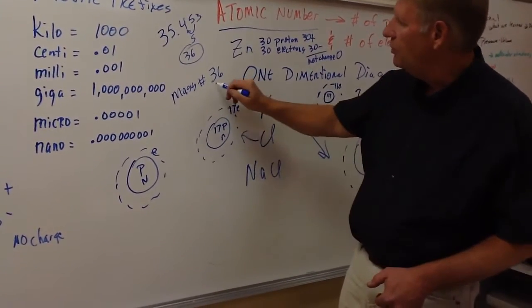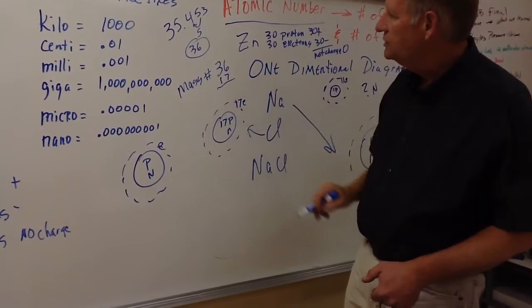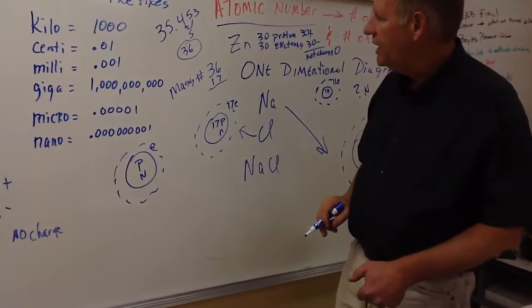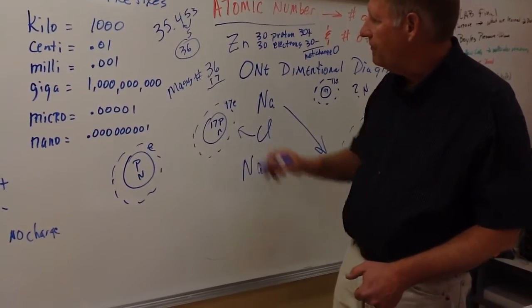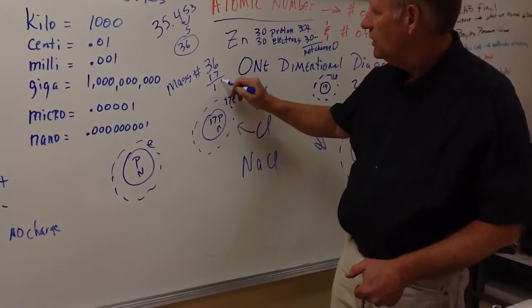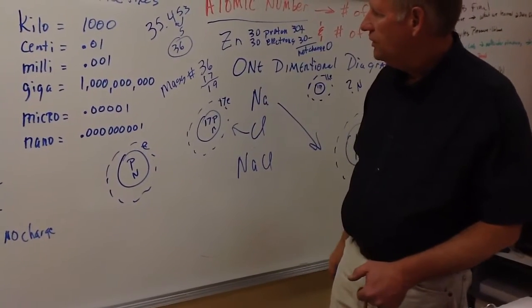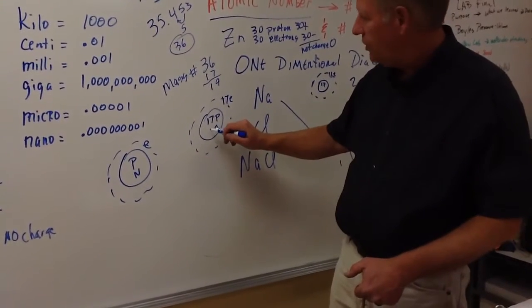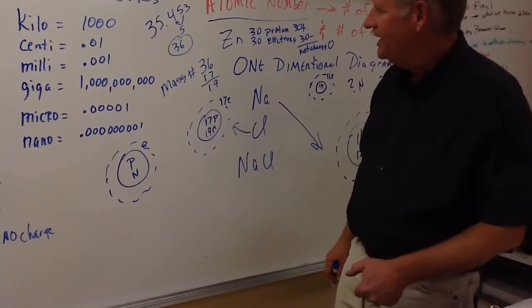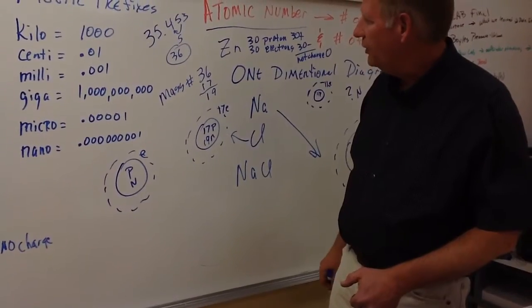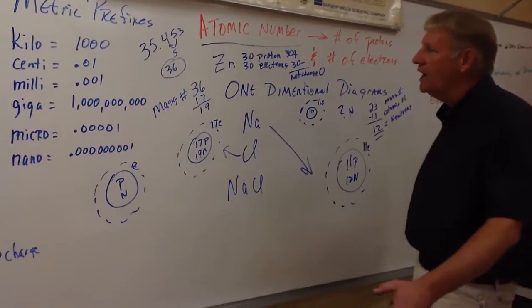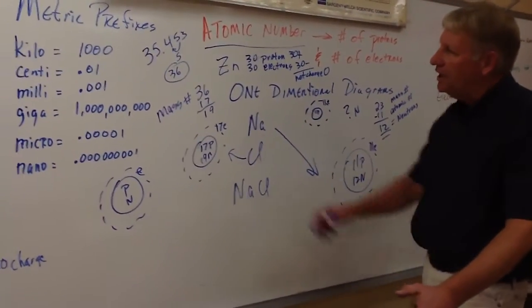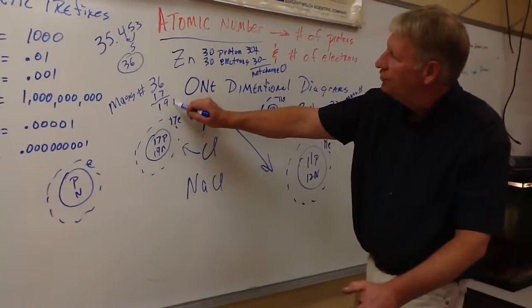The atomic number was 17. So I subtract those. And what do I get? I have 19, I got ahead of myself there for a little bit. So I subtract those, and I have 19 neutrons.